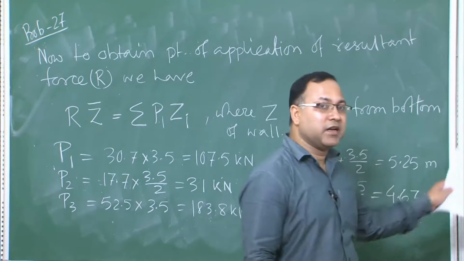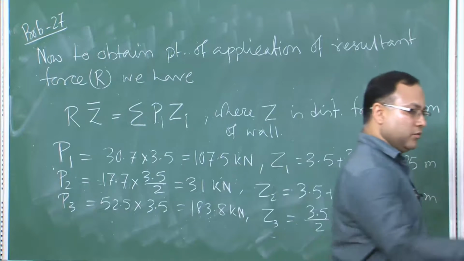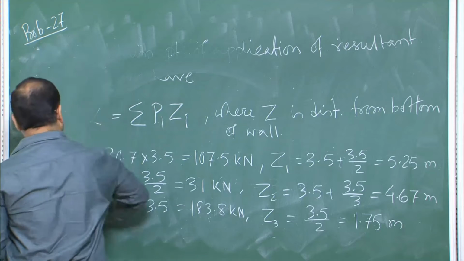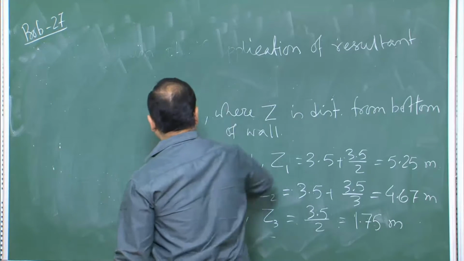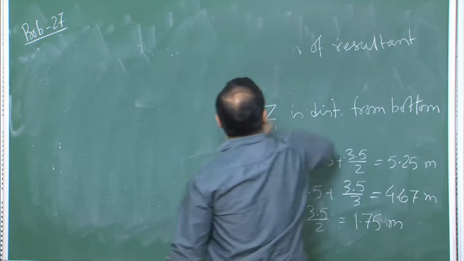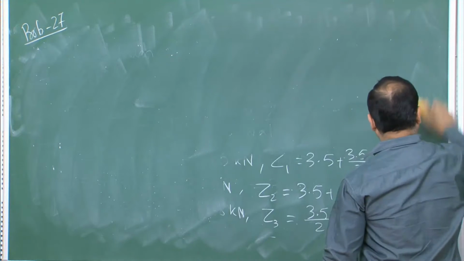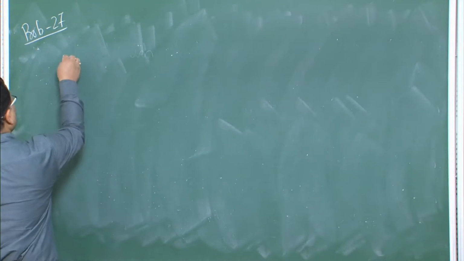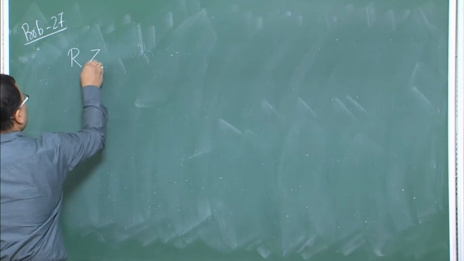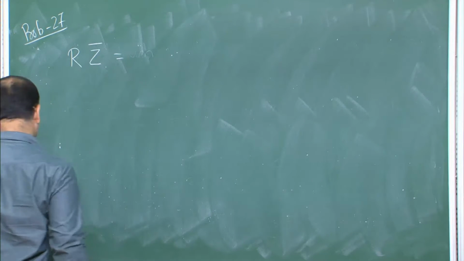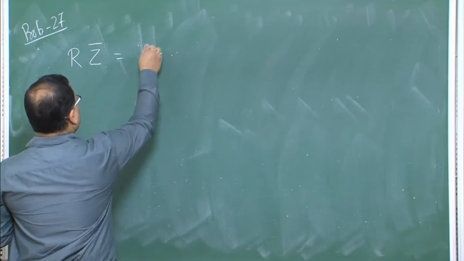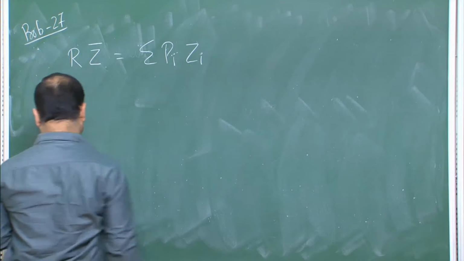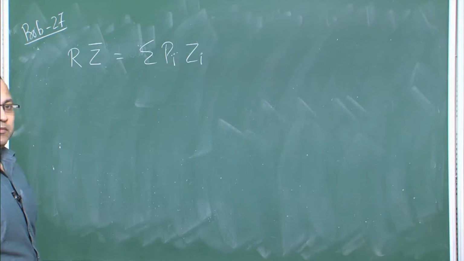So, this is the total thrust acting on the wall due to this layered backfill, and the point of application of this R is R into capital Z bar equal to summation of Pi into Zi, as I have written earlier, right.